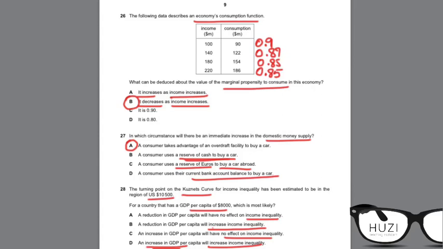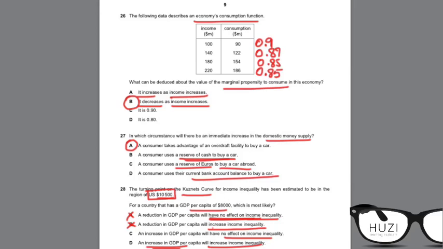Okay, so the turning point is 10,500 and GDP per capita is 8,000. So if GDP per capita falls, it will actually reduce income inequality. And a reduction will actually have an effect on income inequality. So I think A and B are not the answers.